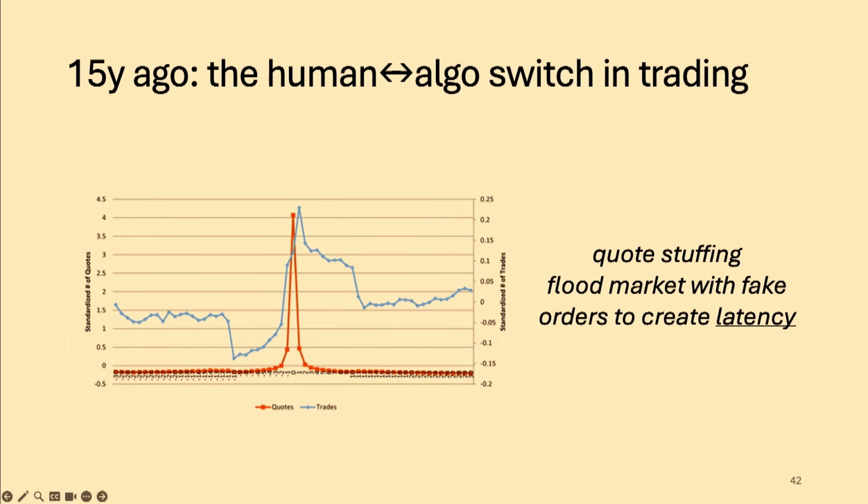You get new attacks also that exploit specific properties of algorithms. One of these is something called quote stuffing. Because the market relies more and more on extremely low latency, some attackers flood the market with fake orders that are never actually going to be met. And this increases everyone's latency.